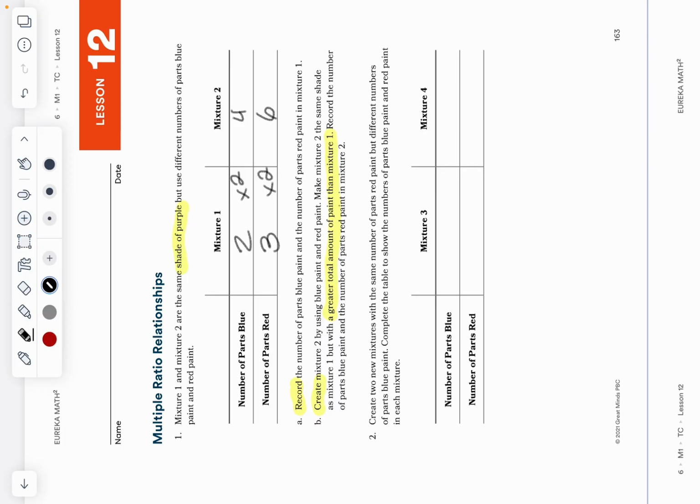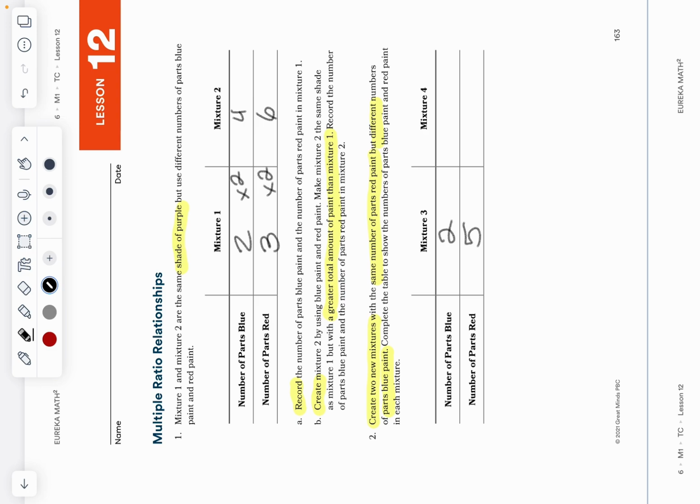All right, number 2, we're creating 2 new mixtures with the same number of parts red paint, but different parts blue paint. So I'm going to create my first mixture. I'm just going to do 2 to 5. And again, in this case, I'm just making these numbers up. They're not giving me anything to go off of.